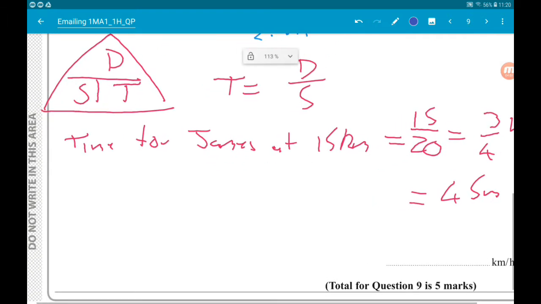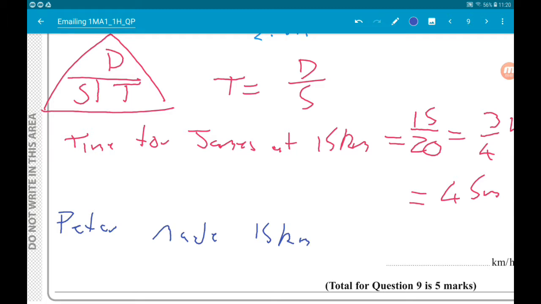So Peter made 15 kilometers in 40 minutes.